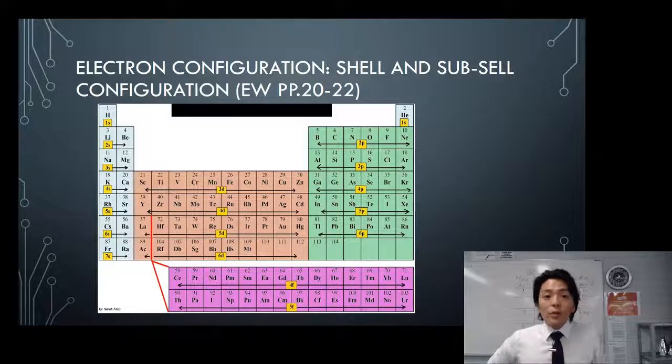And this is also the reason why the periodic table is not a simple rectangular shape. It's got a weird shape because the elements are placed in particular groups. And if you remember, how electrons are arranged and how many electrons are in each shell defines its properties as well.